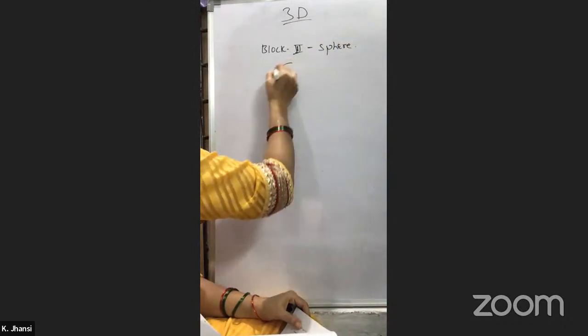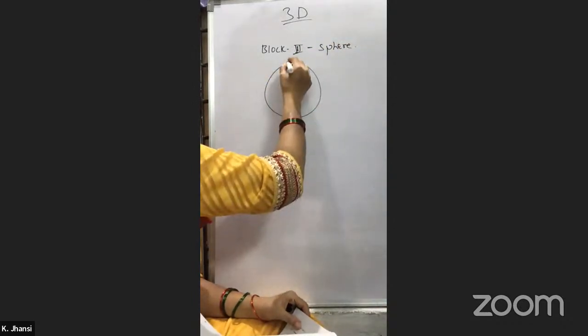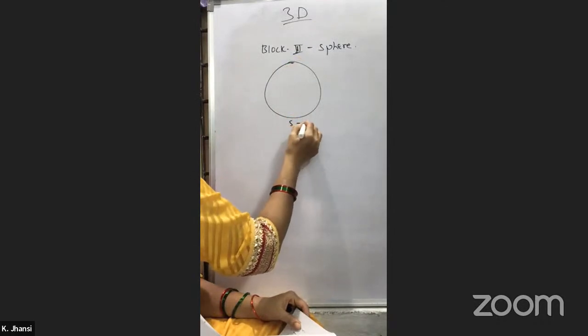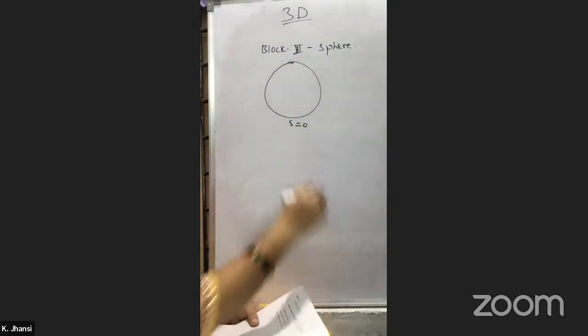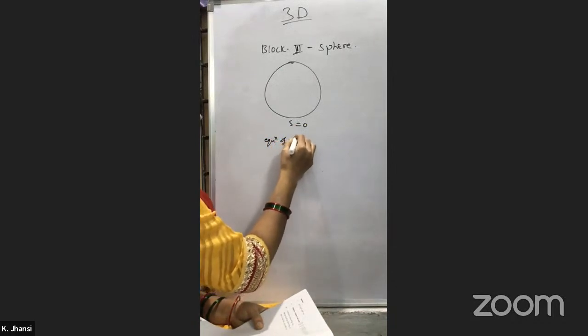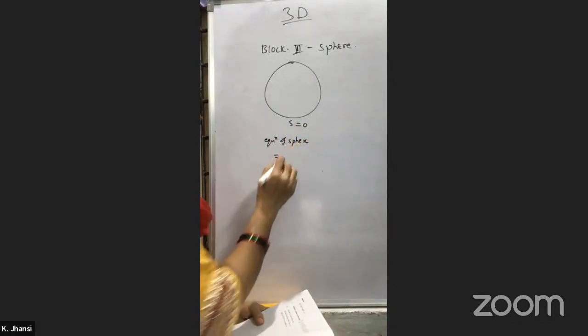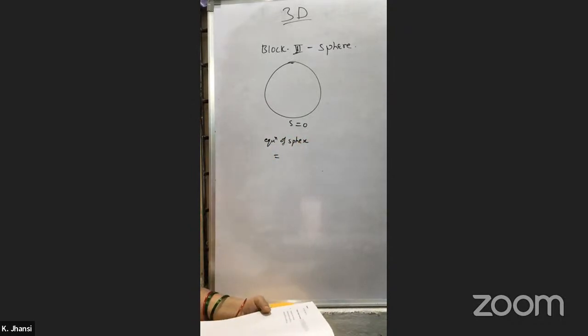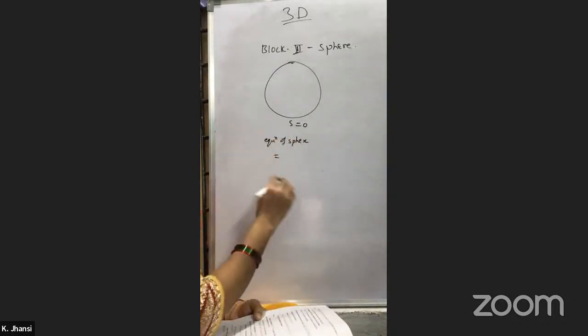So here, what is important is that we have to know the equation of the sphere. If S equals 0 is a sphere, then we call it the general equation of the sphere. How you get the equation of the sphere, that concept you have here on page numbers 179 and 180. So we are just knowing what the equation of the sphere is.